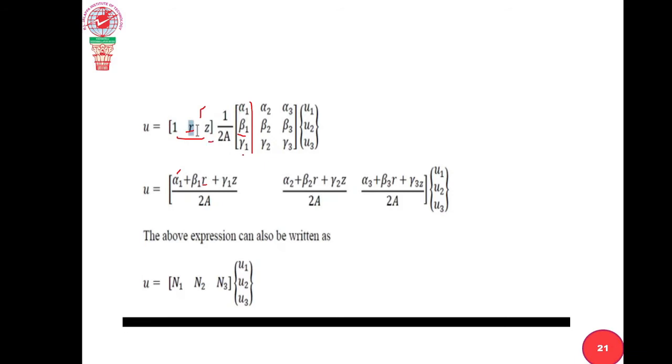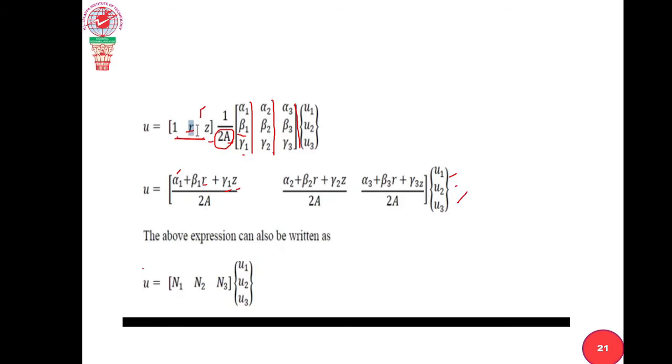Next, Z gamma 1, gamma 1 Z. Divided by 2A. Similarly, first row, second column: alpha 1 into alpha 2, R into beta 2, Z into gamma 2, divided by 2A. Similarly, first row, third column: alpha 3, R into beta 3, Z into gamma 3, divided by 2A, into U1, U2, U3.